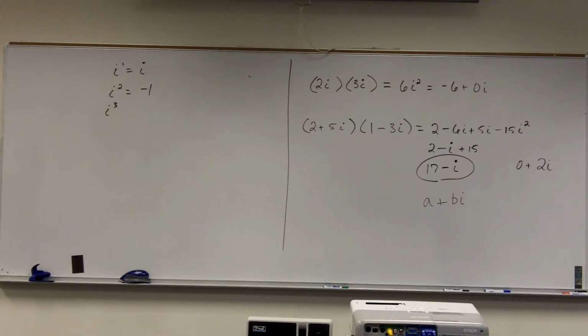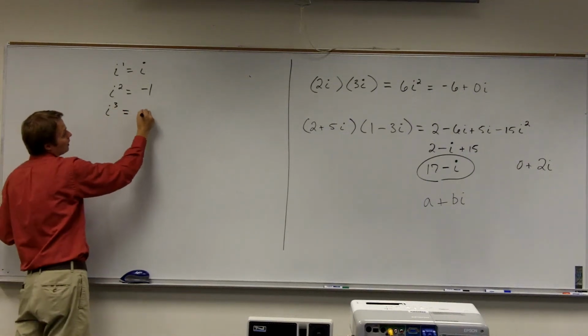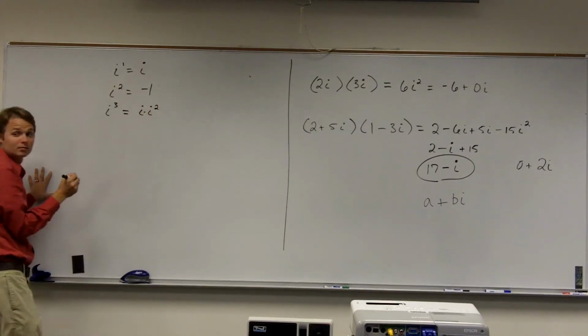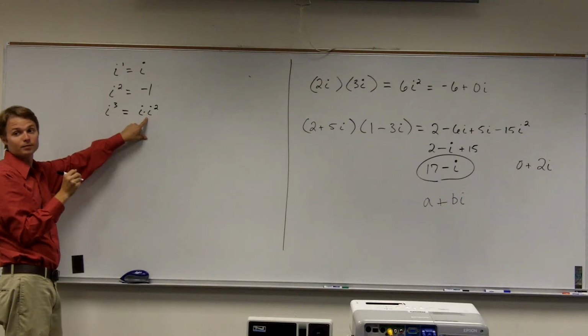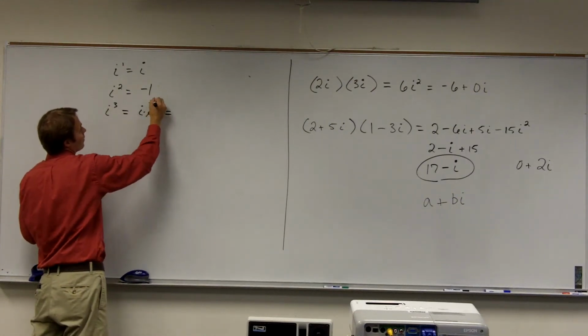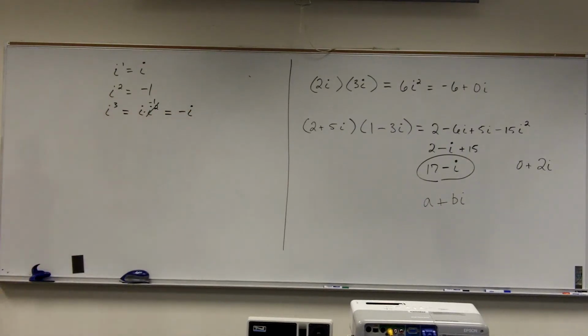Well, close. Let's break this down. i cubed is really i times i squared. And we know what i squared is, right? Negative 1. So that's negative 1 times i, so really, I can think of this as just negative i.